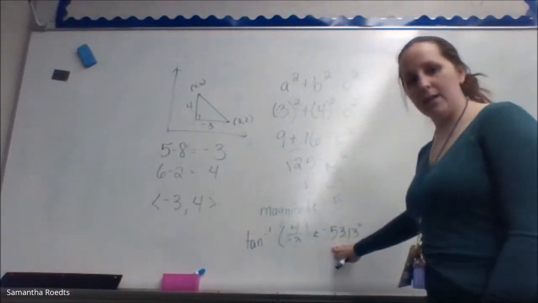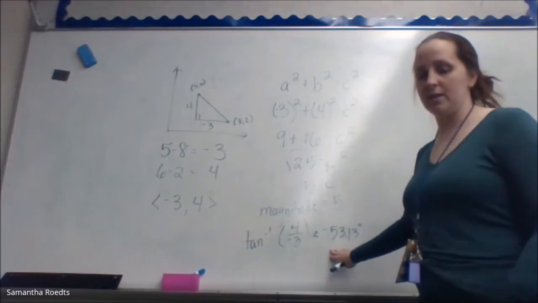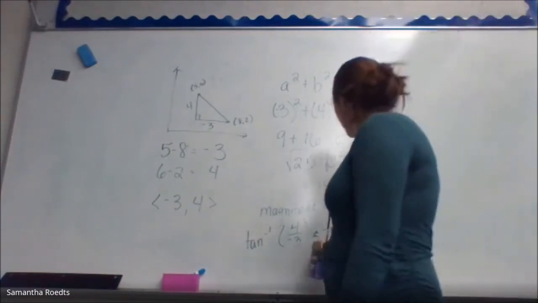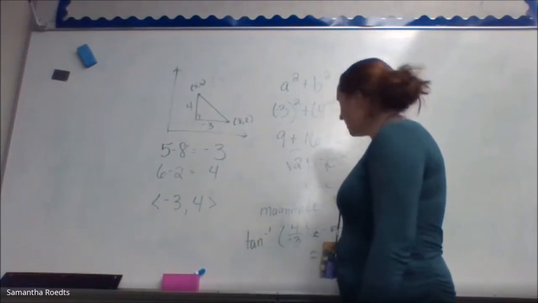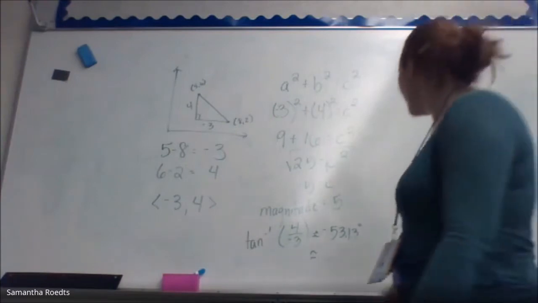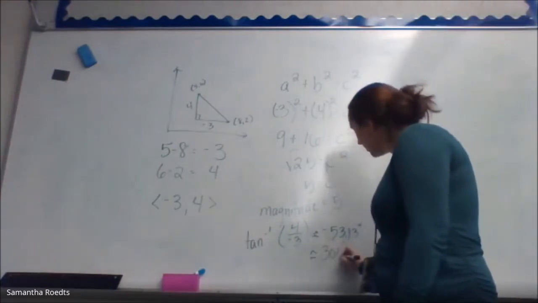If you don't like the negative, which is fine, you can always subtract it from or add it to 360, and that'll give you a positive component. In this case, 360 plus -53 gives you 306.9, or approximately 306.9 degrees.